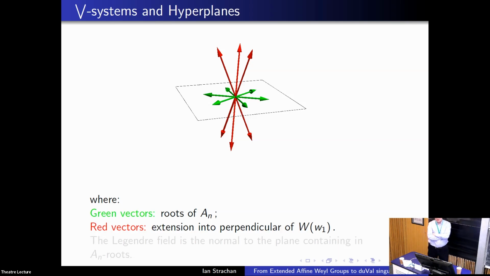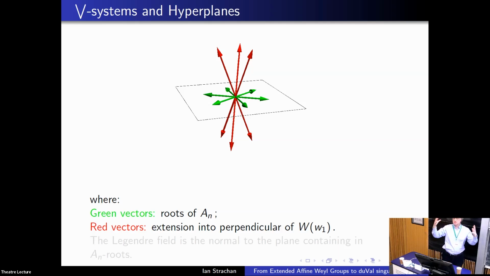What they are is that you take a weight vector in the plane, look at its Weyl orbit, the orbit of W1 contains 3 vectors, and then you extend them into this perpendicular direction to get these red vectors. How far you extend them is governed by this K parameter, which comes from the marked node.